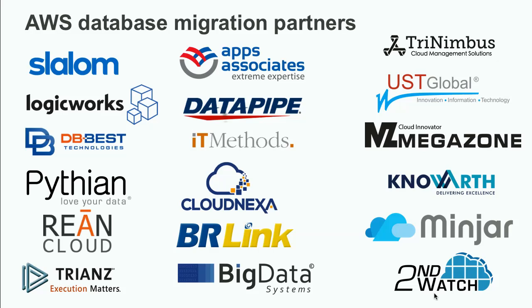But we're also adding support for additional capabilities in the databases. For example, if you have Oracle Spatial, then we're adding support for conversion for that as well into Postgres.